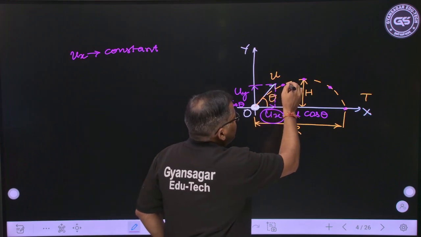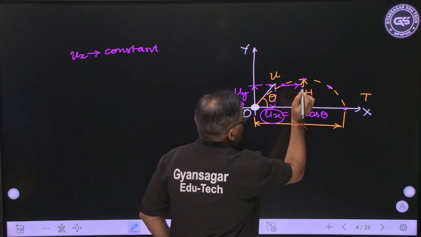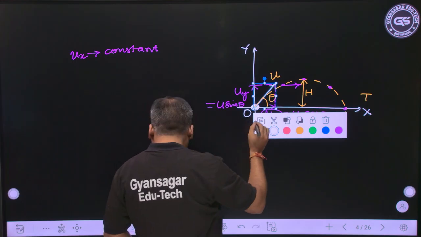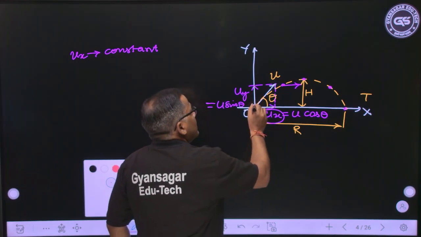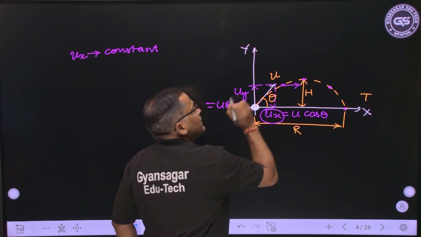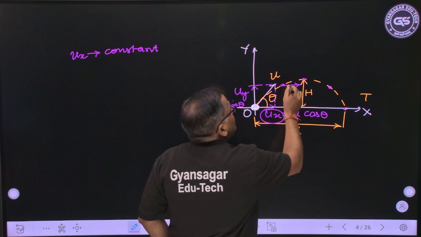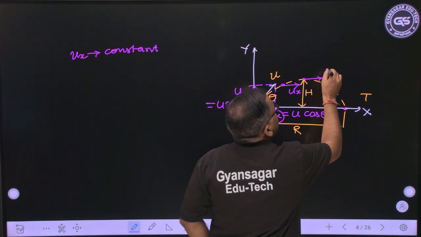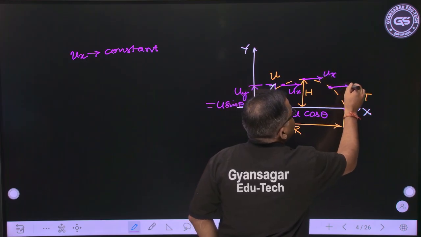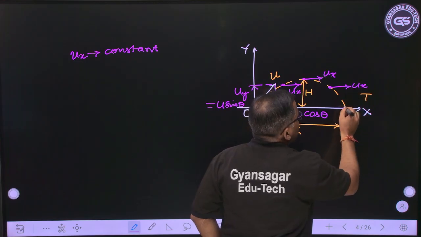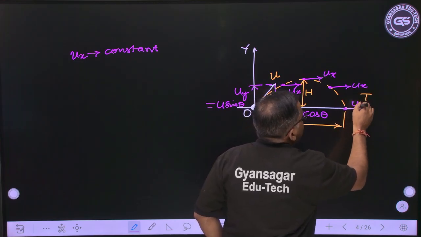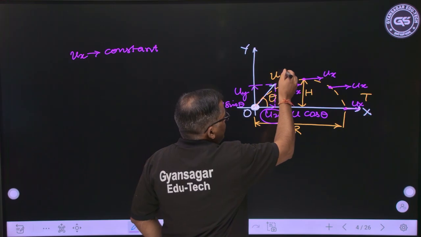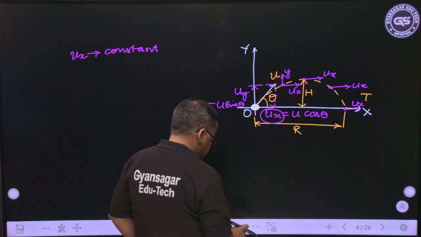So let us take a look here. This length and this length are equal. So ux here, here also ux, here also ux, even here also ux, and this component, let me say vy.